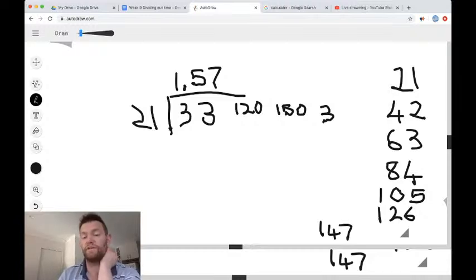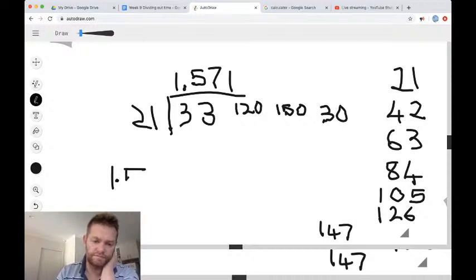Does 21 go into 3? No. Does it go into 30? Yes, and it goes in 1 time. So 1.571. Now, because I'm rounding to 2dp, it would be 1.57.